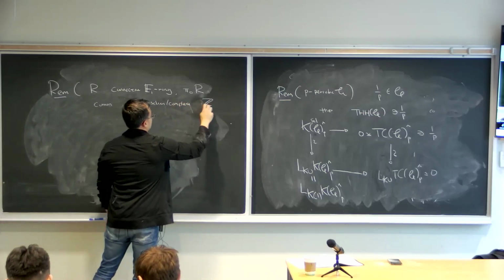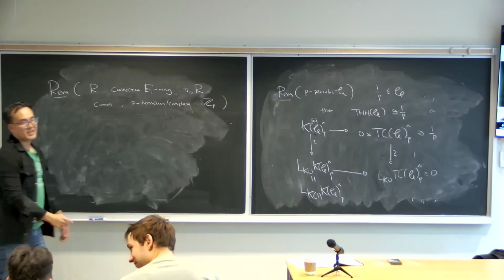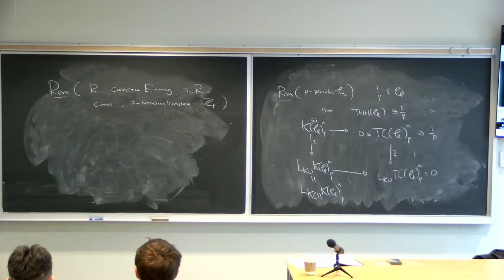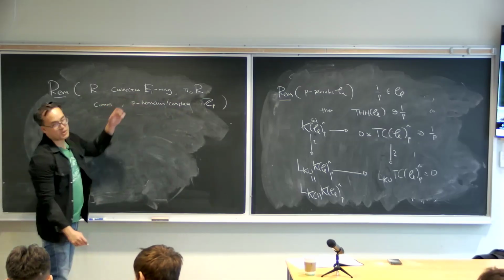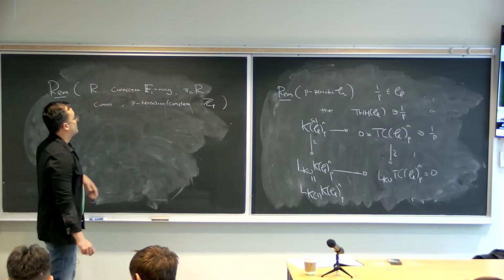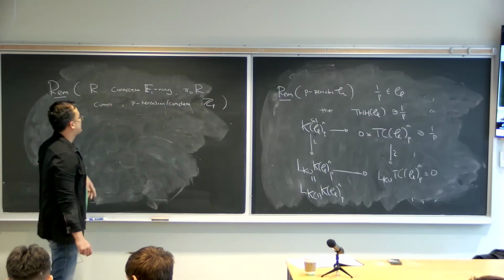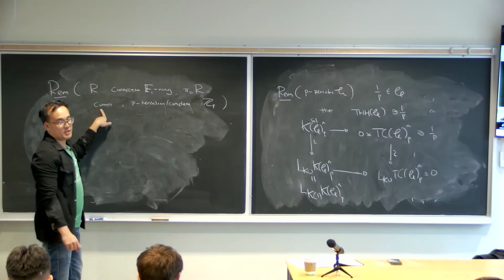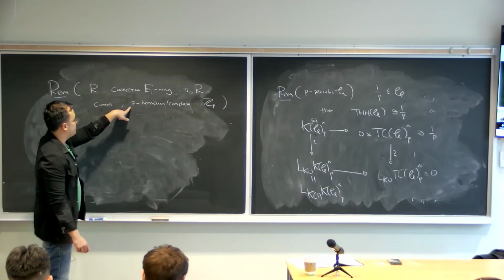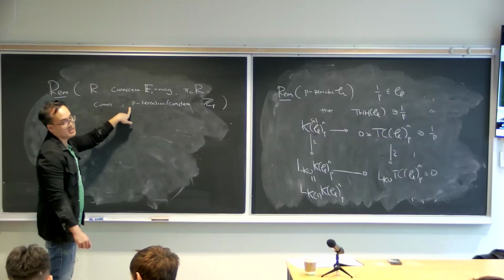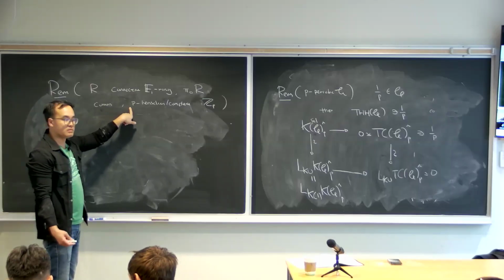Things like Z_p, finite Z_p-algebras. E1 just means associative, and connective, you can ignore what it means. And pi 0 must be commutative, and a p-Henselian ring or p-complete ring.